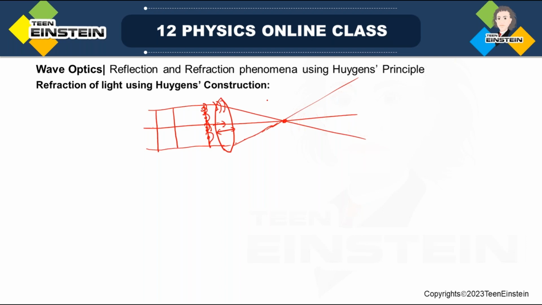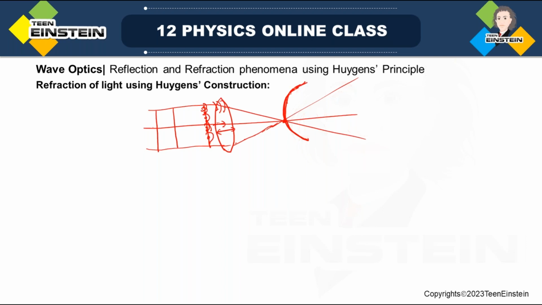So how does the emergent wavefront look like? The edge parts move faster, as I said. It will look like this here.